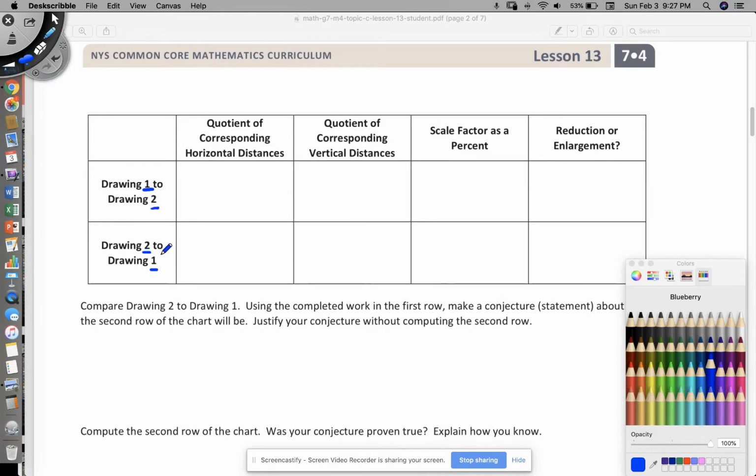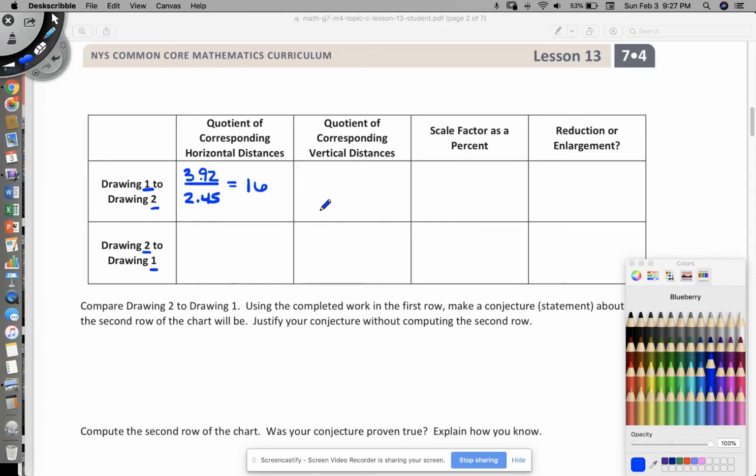All right, so the quotient of the corresponding horizontal distances. On the drawing 2, we had 3.92, because that's the scale, and then the original was drawing 1, which was 2.45. When you divide that out, you get 1.6.